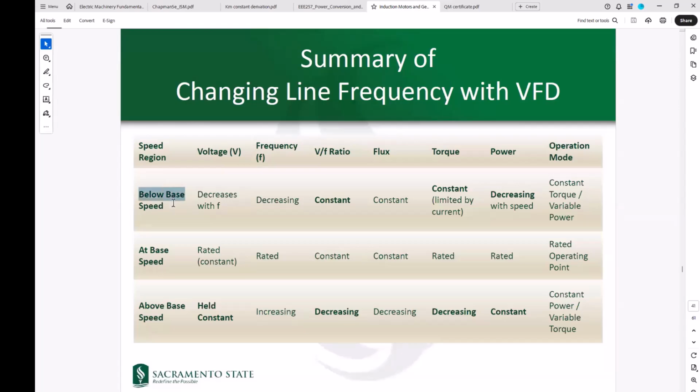When you are below the base speed, the voltage will need to decrease with f. Frequency would be decreasing. V/F ratio would be maintained at constant value. Flux would be constant. Torque would be constant and limited by the current. Power would be decreasing with speed. And the operating mode is constant torque, variable power. And you can read the rest at the base speed and above the base speed likewise.